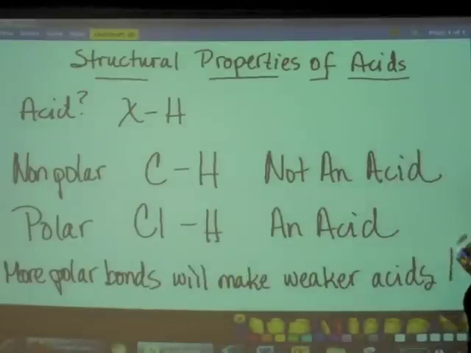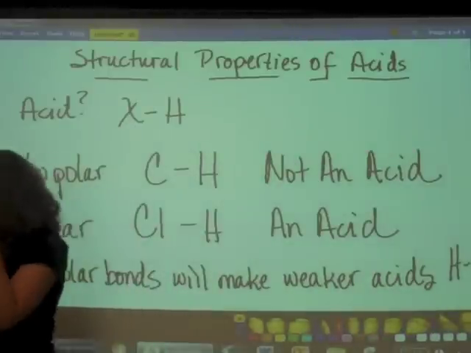So for instance, HF. This thing will dissociate, but mostly it's going to stick with this fluoride because the electronegativity is such that this is going to have the electrons around it most, and so that positively charged hydrogen is going to stick to it.